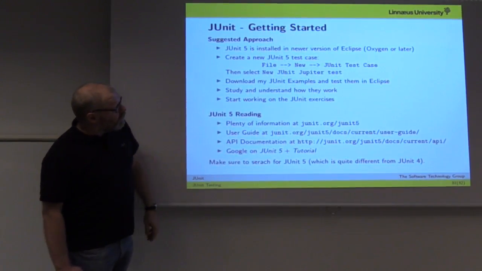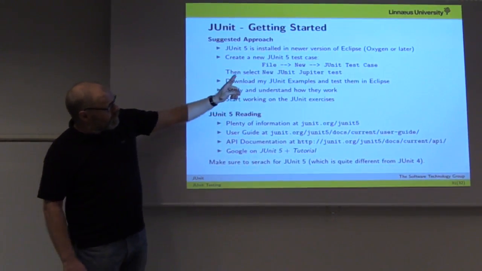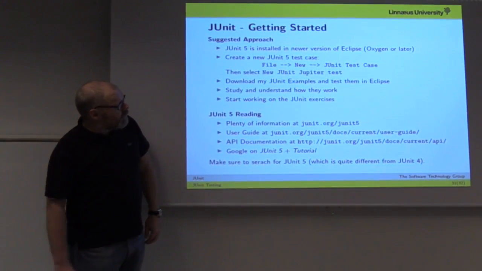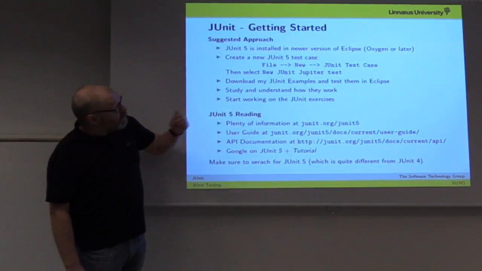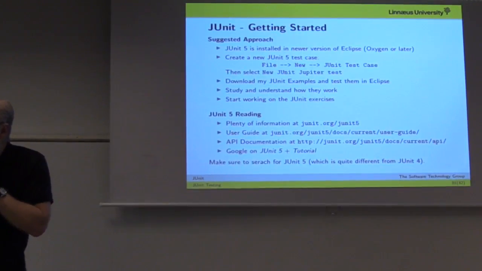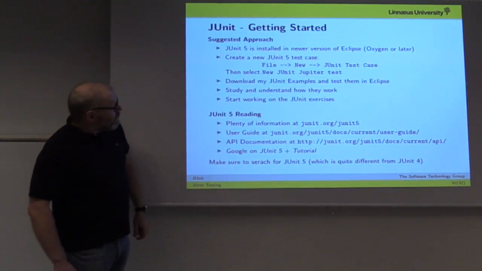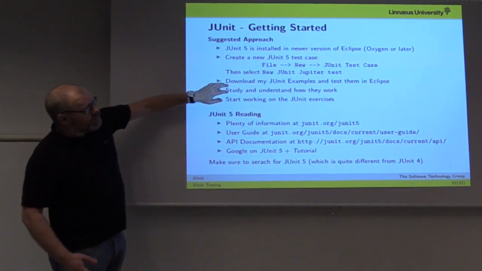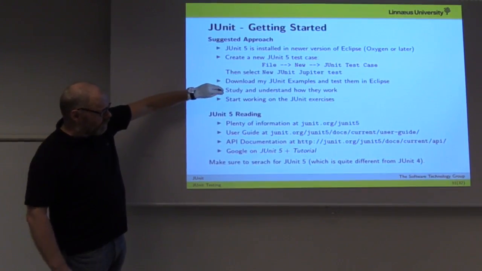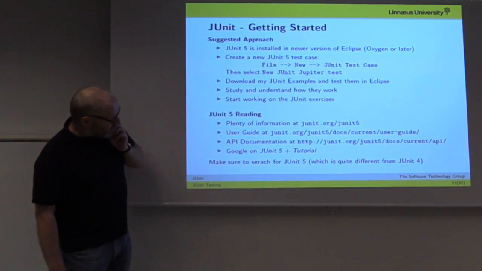Create a new JUnit test case, file, new, and then select this one. Make sure to select JUnit Jupiter tests, then you get the JUnit 5 versions. I also suggest that you download my JUnit example from this lecture and take a look at it. Basically, you will understand how it works. Look at the int list test, try to run it, try to insert a few errors in it, and then start working on the JUnit exercises.